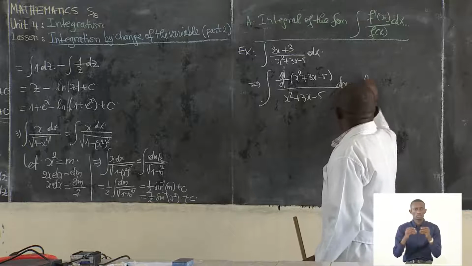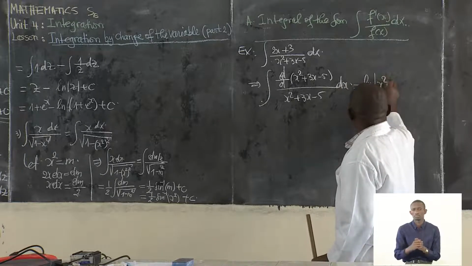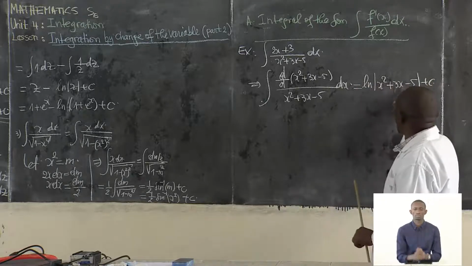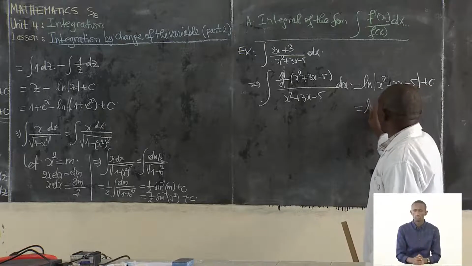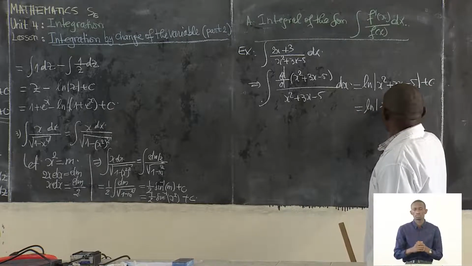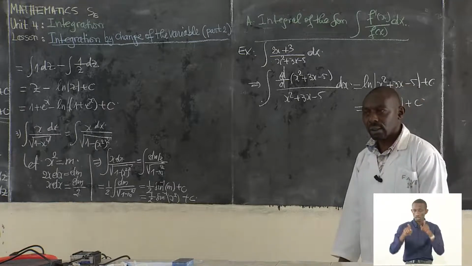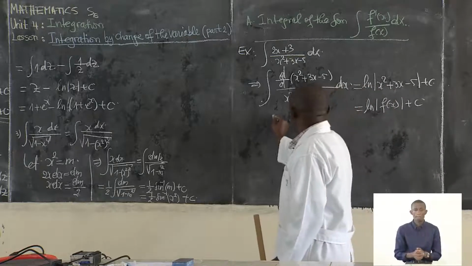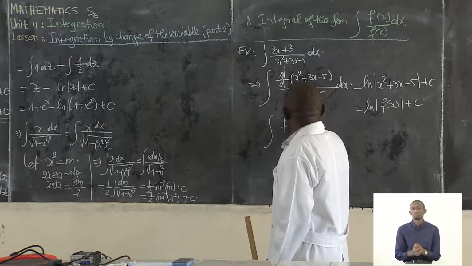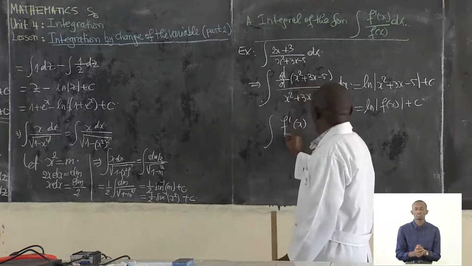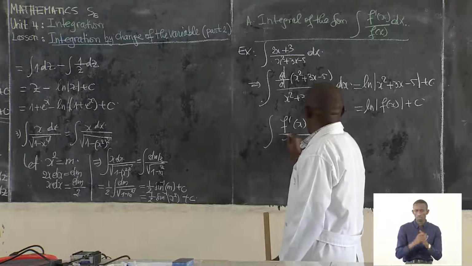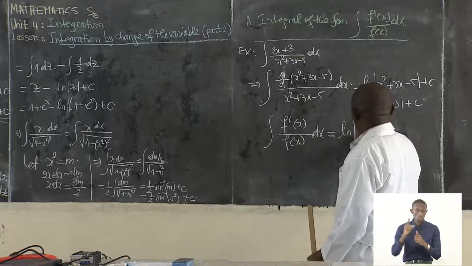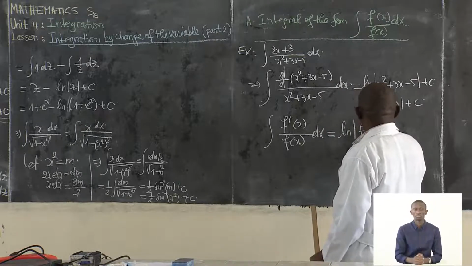The answer is ln of x squared plus 3x minus 5 plus c. It means that you have ln of f of x, then plus c. So when you have the integral of f dash of x divided by f of x dx, this is equal to ln of f of x plus c.